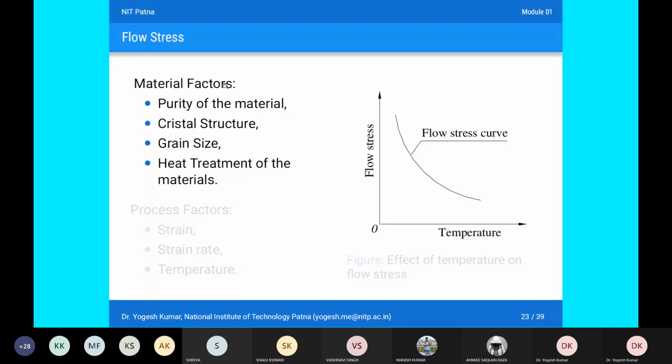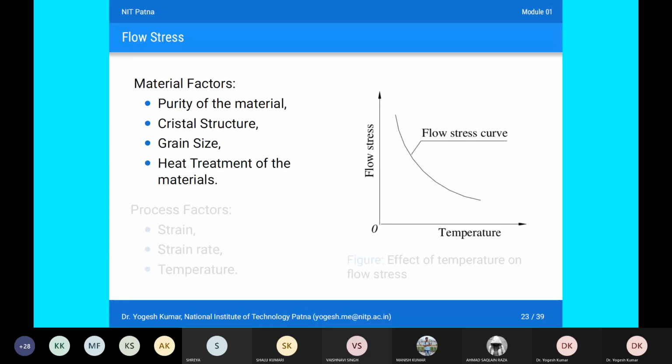In material factors, the first and important parameter is the purity of your material. If there are some impurities, some flaws, then depending upon the type of impurity, your flow stress is affected.